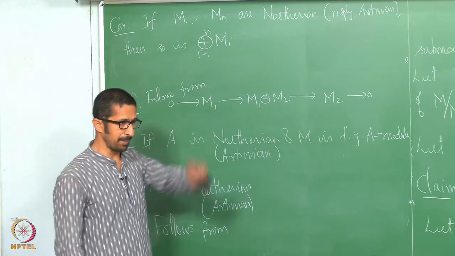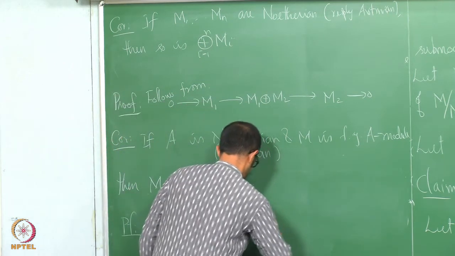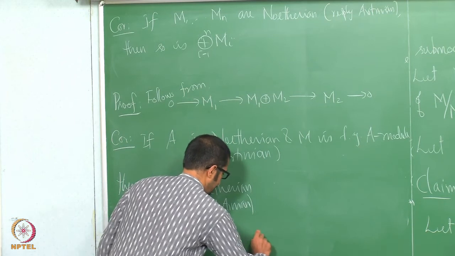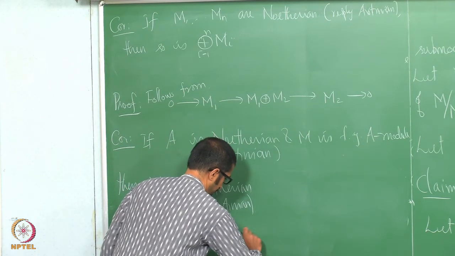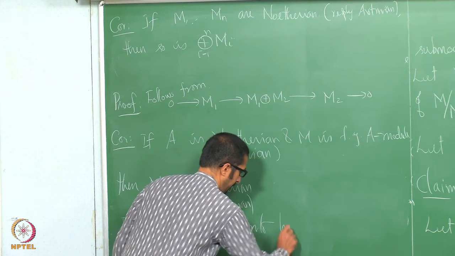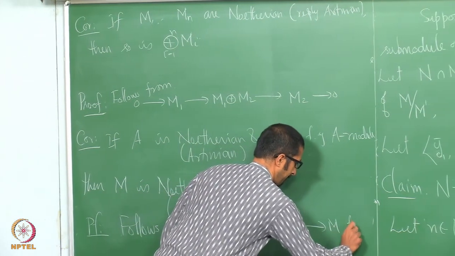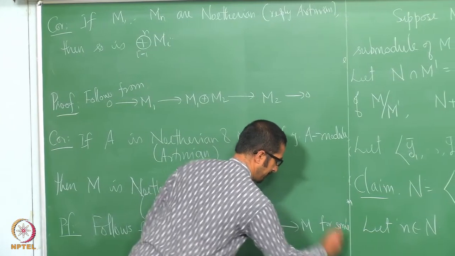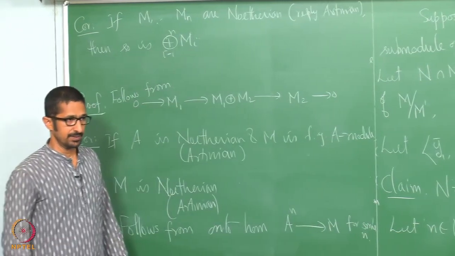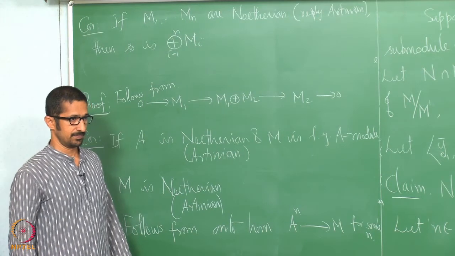Quotient of some A power n, right? So, from an onto homomorphism.